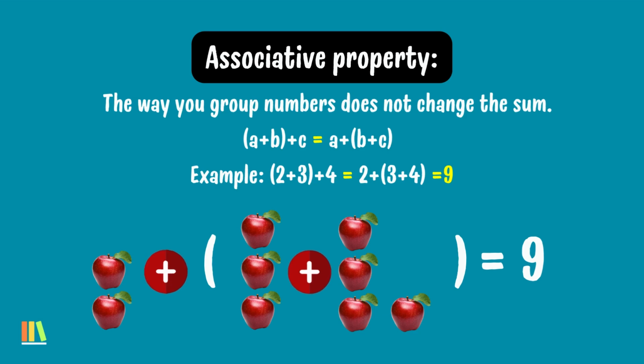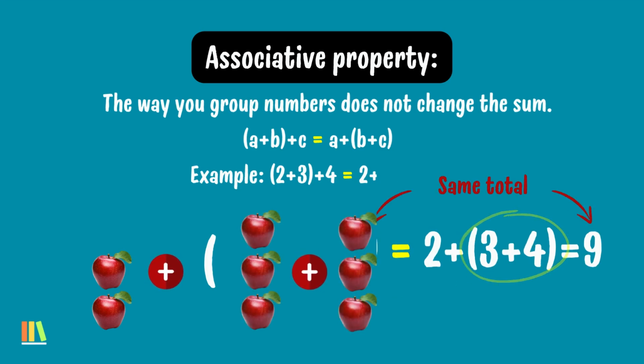This is the same as saying 2 apples ungrouped plus 3 plus 4 apples grouped is equal to 9. 3 apples plus 4 apples grouped totals 7. 7 apples grouped plus 2 totals 9.